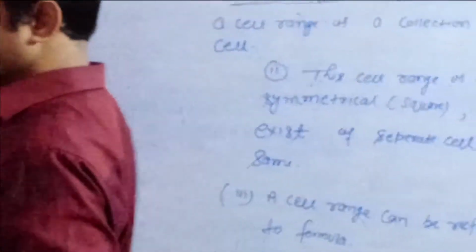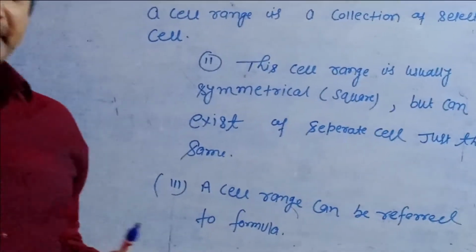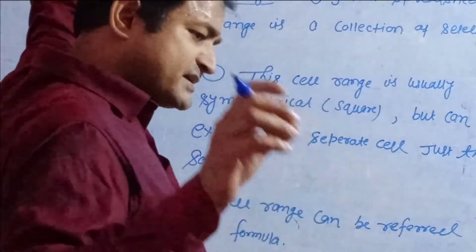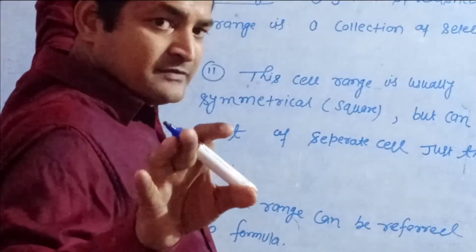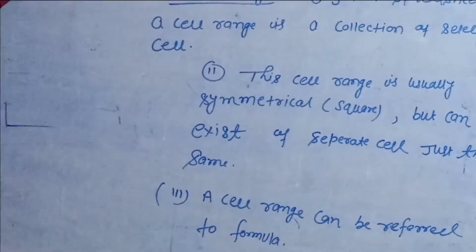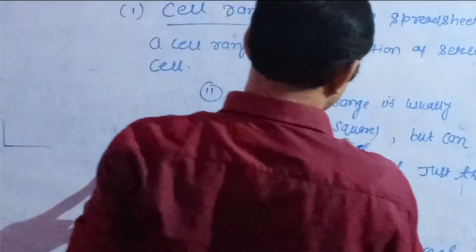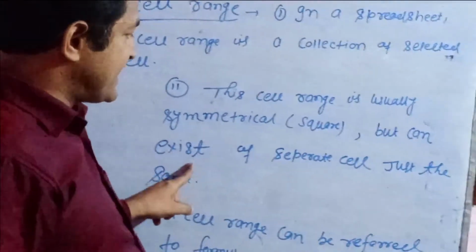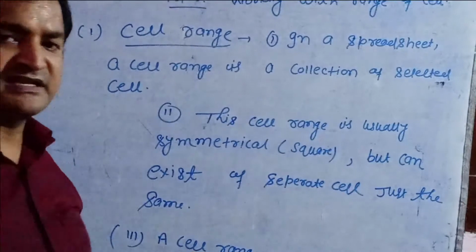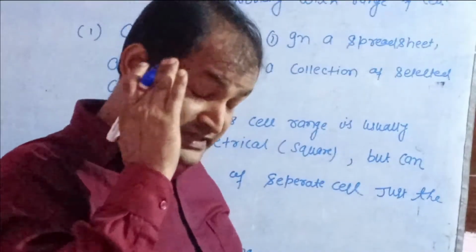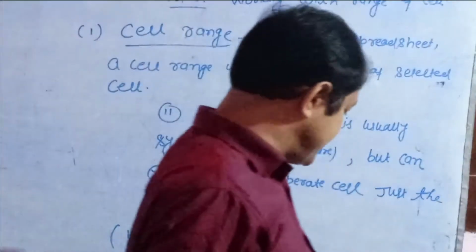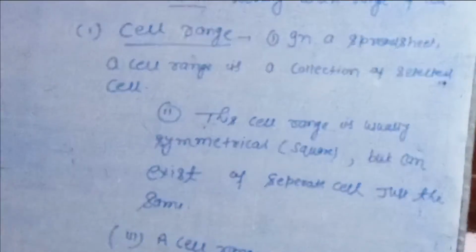How many cells you work with in Excel depends on you. Suppose you selected 10 cells; this selection of 10 cells is called the cell range. Second, the cell range is usually symmetrical, but can consist of separate cells just the same. Again, a cell range can be referred to in a formula.